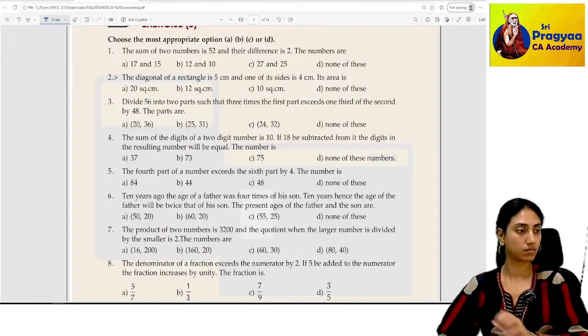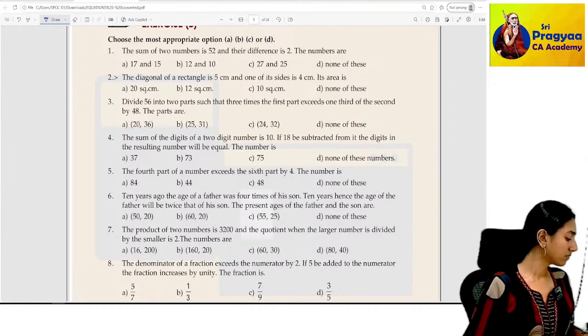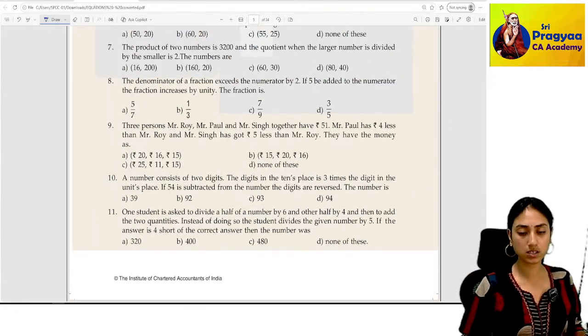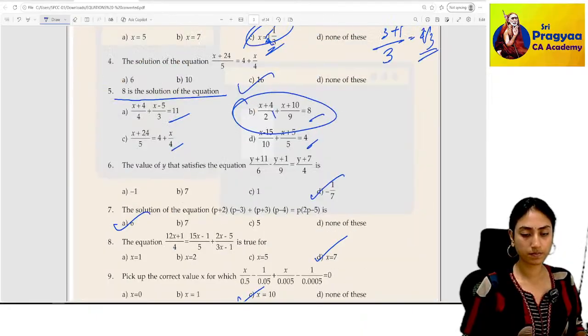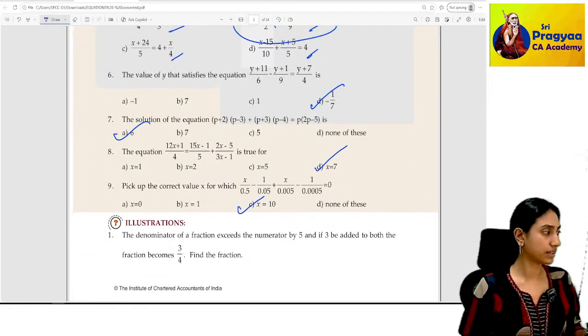X is equal to 10, ma'am. Answer is C. What is C? 10. X is equal to 10, right?